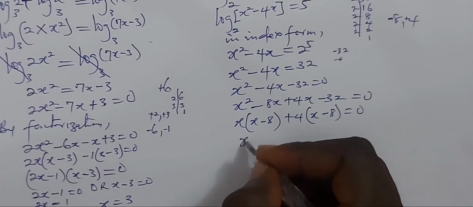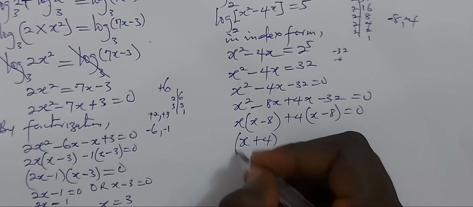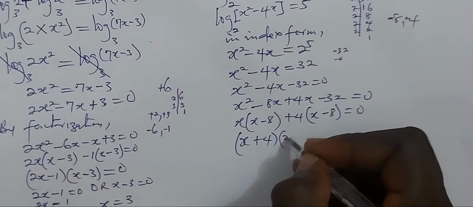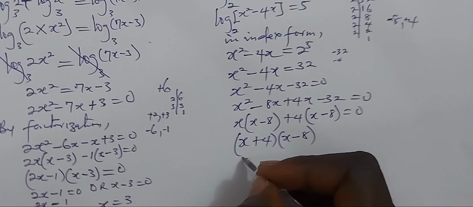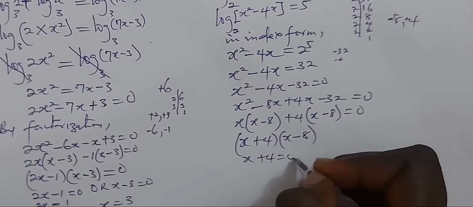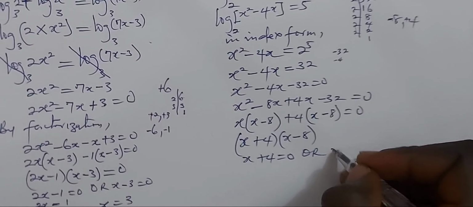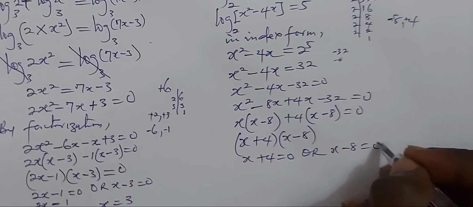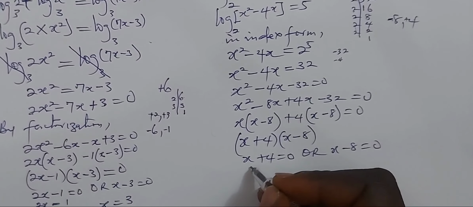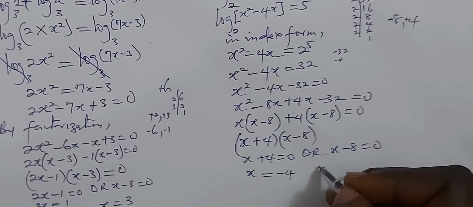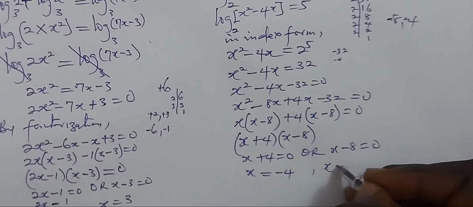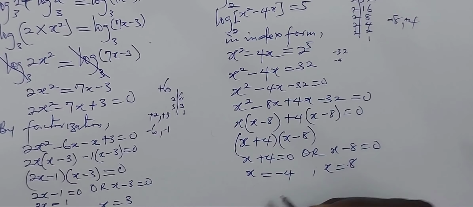So we have x plus 4 into x minus 8. So like we did here, x plus 4 equals 0, or x minus 8 equals 0. So from here, x equals minus 4, x is equal to 8.